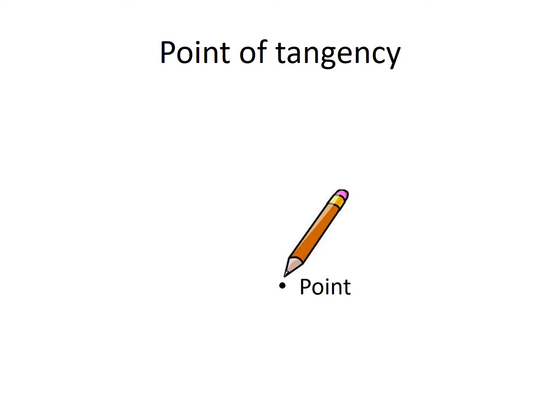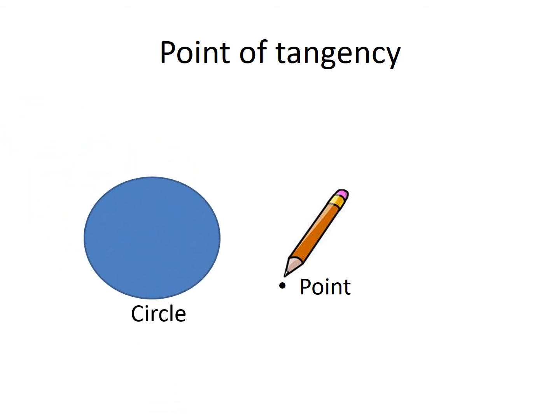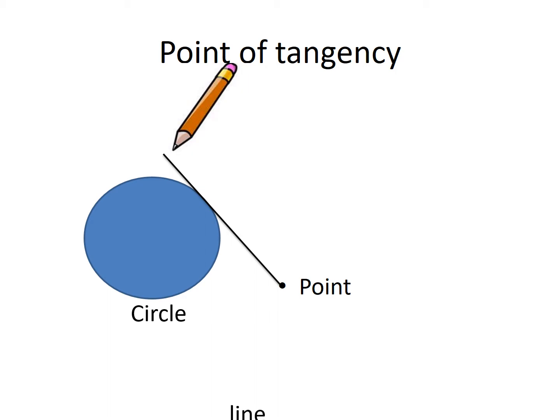The point of tangency. If you have a point and a circle, and you were to draw a straight line from that point to the circle that touches the circumference, the point where the line touches the circle is called the point of tangency.